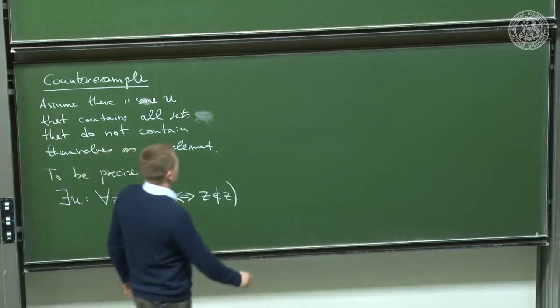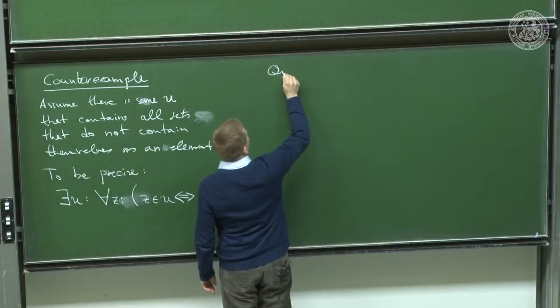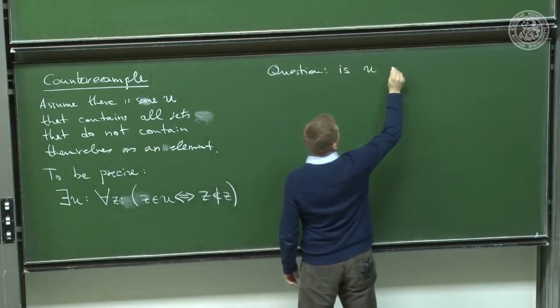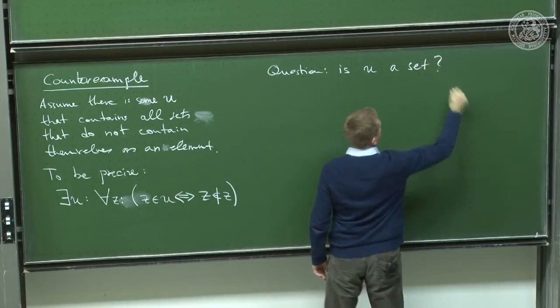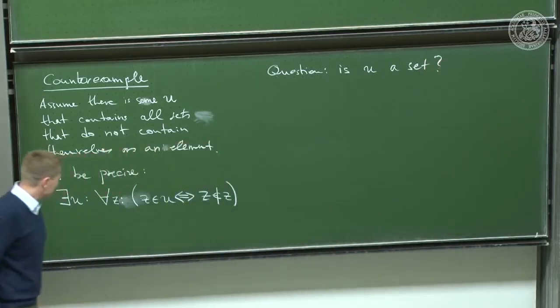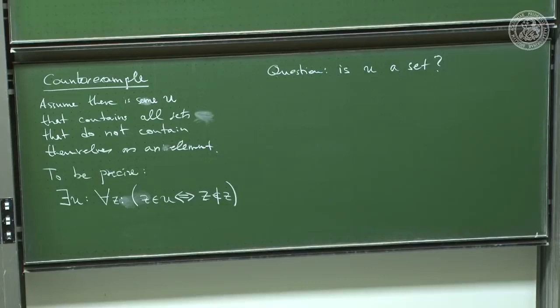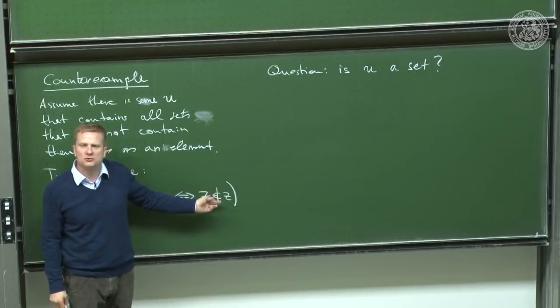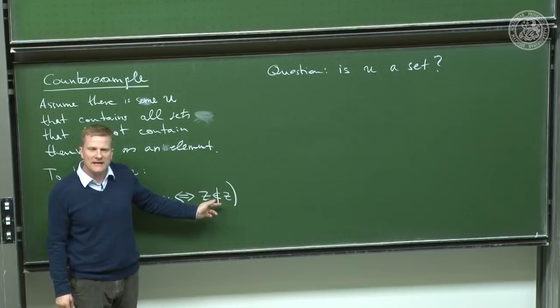Now, question. Is u a set? Can this set of all sets that don't contain themselves be a set? Maybe you're worried about this because you have been trained to distinguish very carefully between a set and the elements of a set.